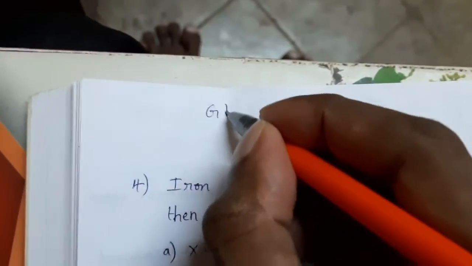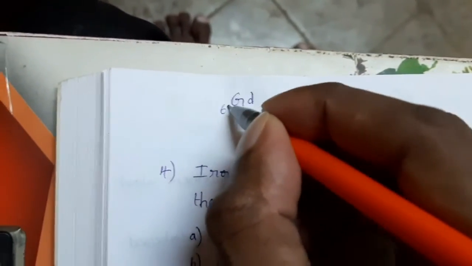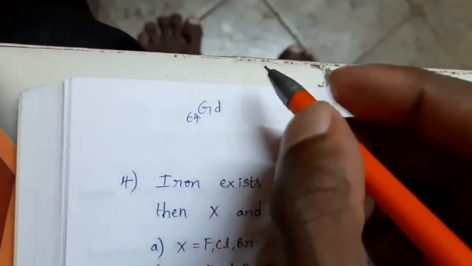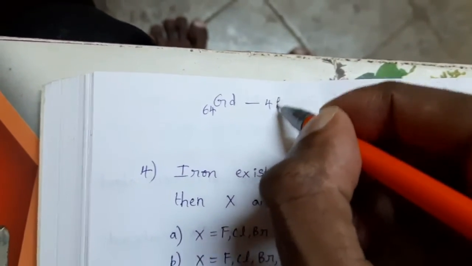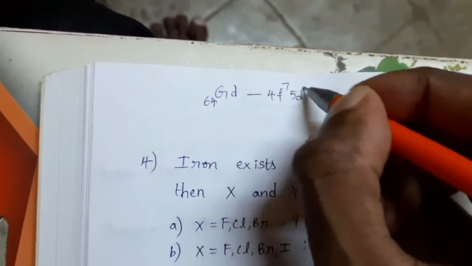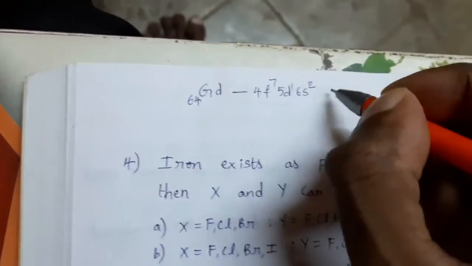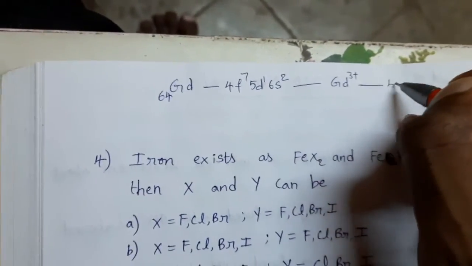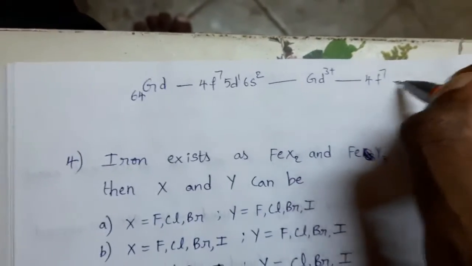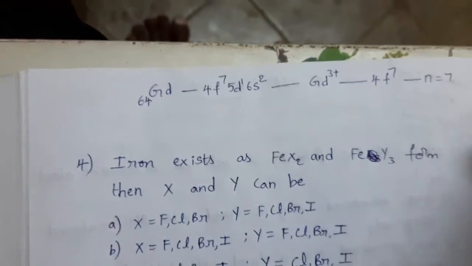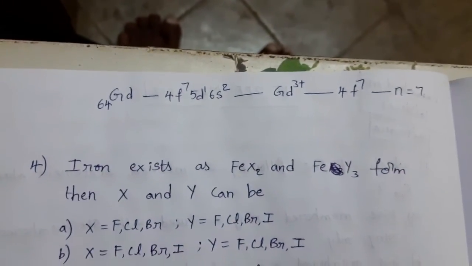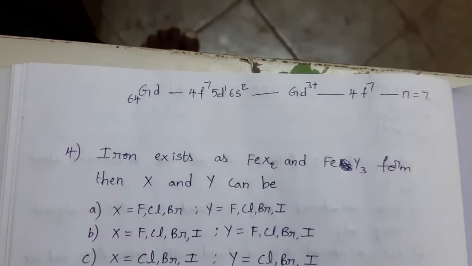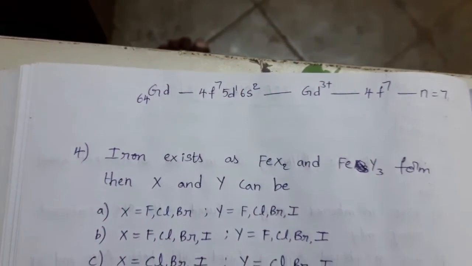Gadolinium atomic number 64, configuration 4f7, 5d1, 6s2. In the given compound the oxidation state is plus 3, so the configuration is 4f7. Number of unpaired electrons 7. Already we know that an ion having more unpaired electrons has more magnetic moment.